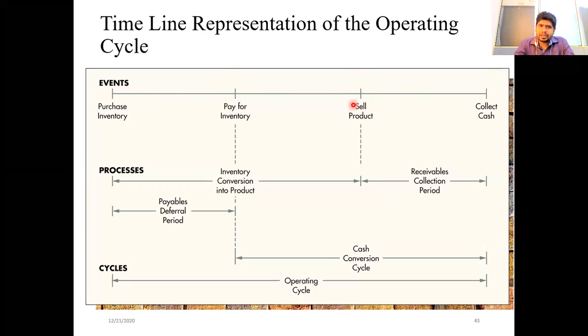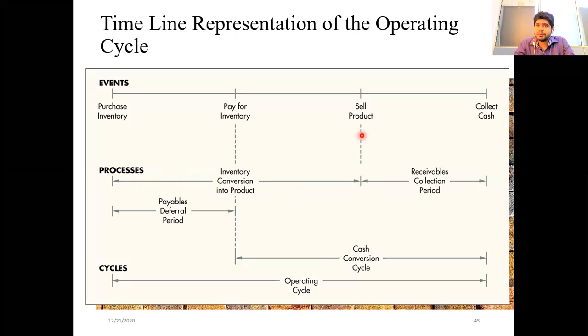So this is the event line, and you see the process here, from the purchase of raw material to the point of sale of product. The period between the purchase of raw material and sales is called inventory conversion period.